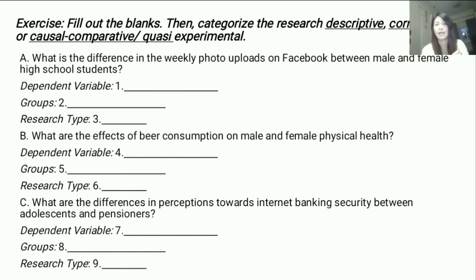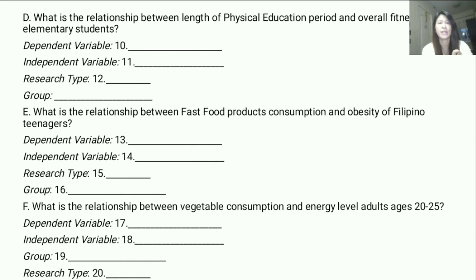Let's have another one. Letter D. What is the relationship between length of physical education period and overall fitness of elementary students? So we have here dependent and independent variables.